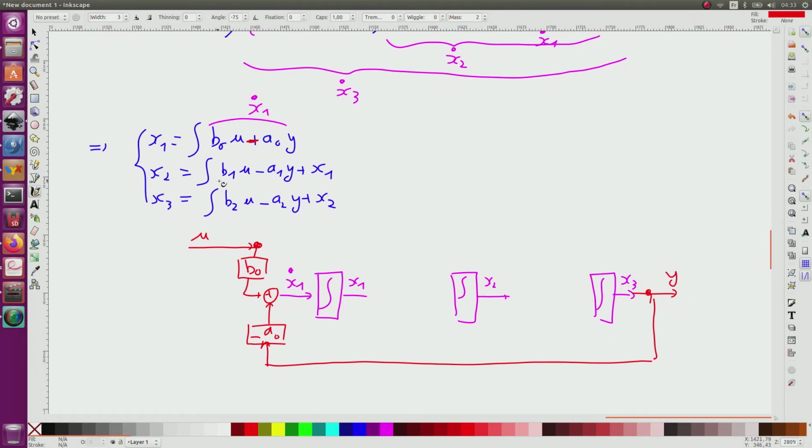Now I will wire the second equation, which corresponds to x dot 2, given here. So I will have b1 u. I put an adder here. I will have minus a1 y, and here plus x1.